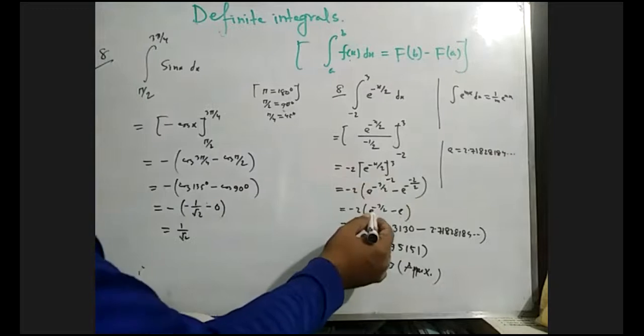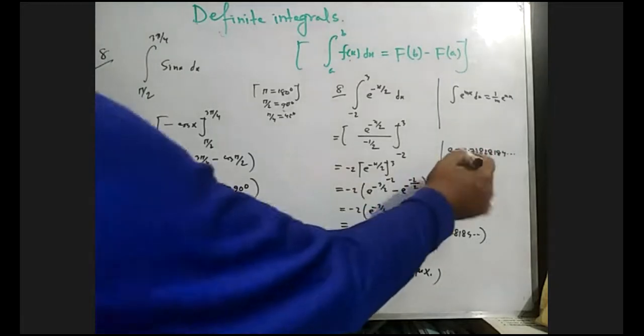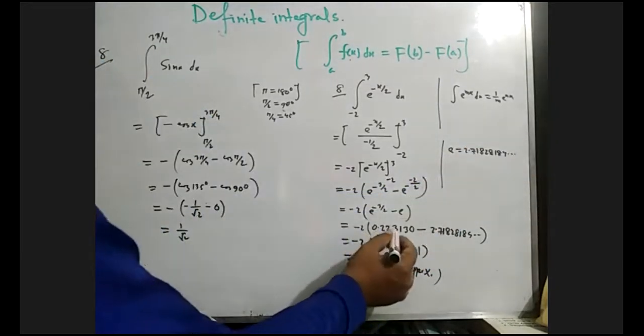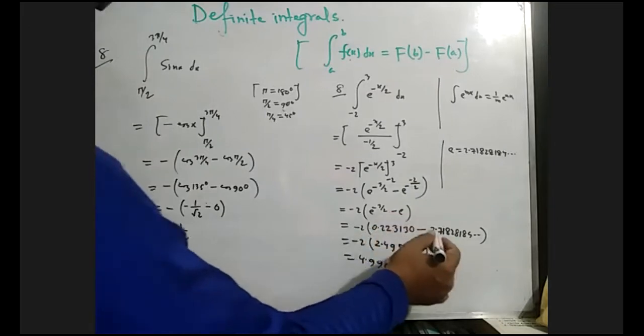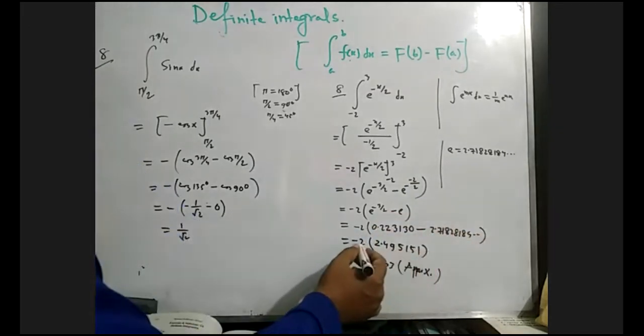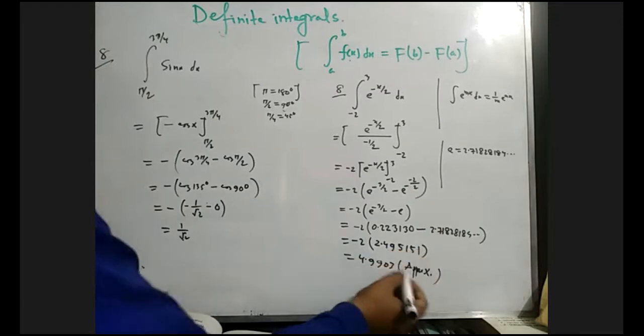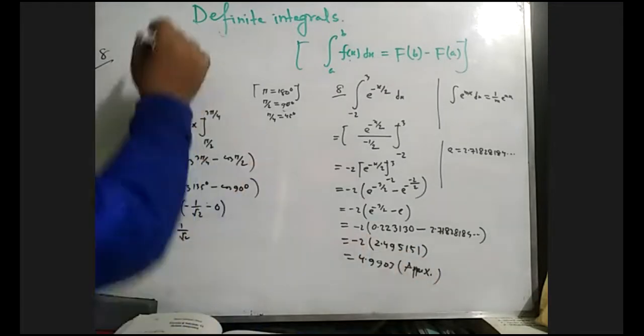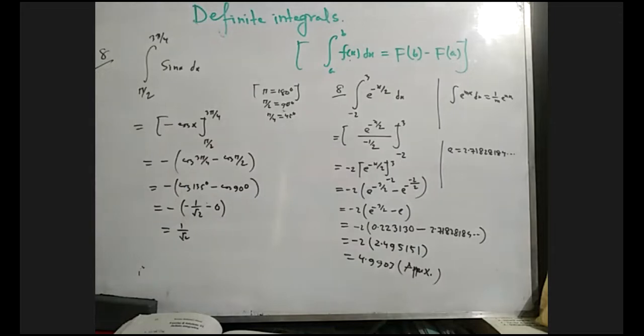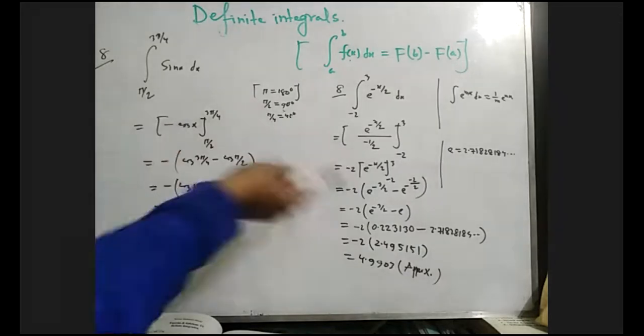Then e to the power minus 3 by 2 will be 0.223130, and minus e, this is the Euler number. Then after subtraction we get 2.495151. So approximately we get 4.9903. So very easy integration, but you have to calculate with a calculator.